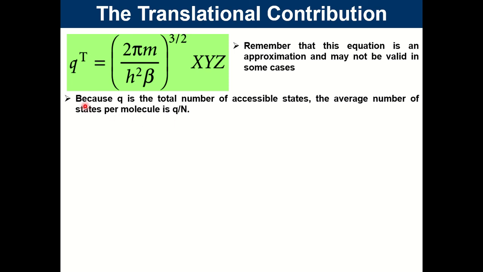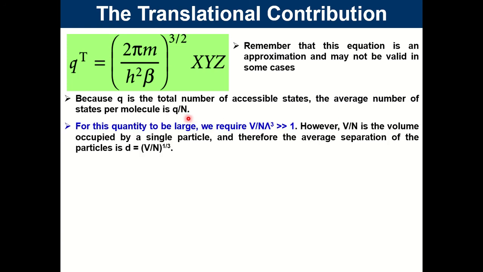Because Q is the total number of accessible states, the average number of states per molecule is given by Q by N. And so for Q to be acceptable, we must have that V by N_A lambda cubed in the denominator, this term must be much greater than 1.